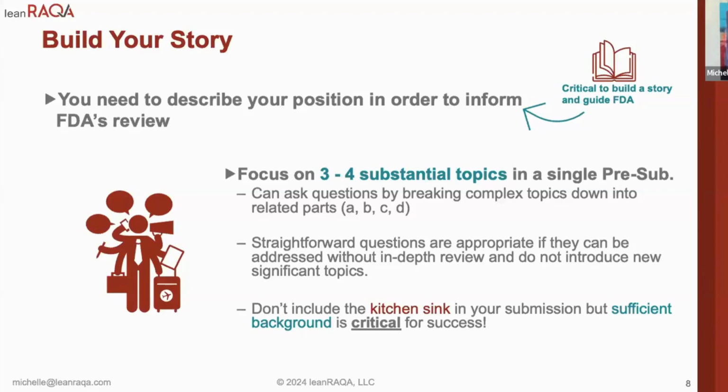They need to almost make a statement and then ask for FDA's concurrence. And don't include everything under the sun as far as context or background, but balance that so the FDA isn't overwhelmed with data or information, yet has enough information to thoroughly understand the questions you asked.